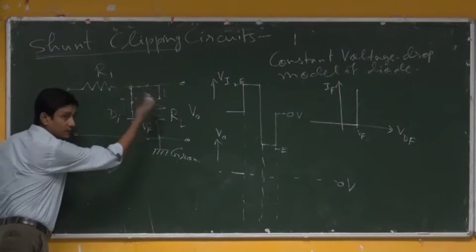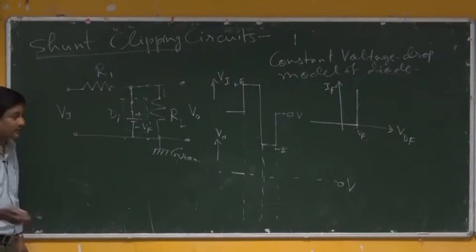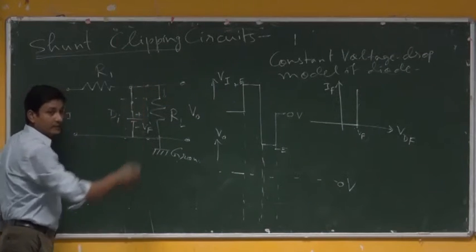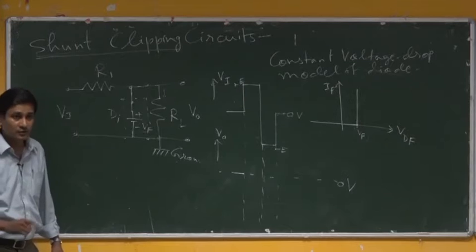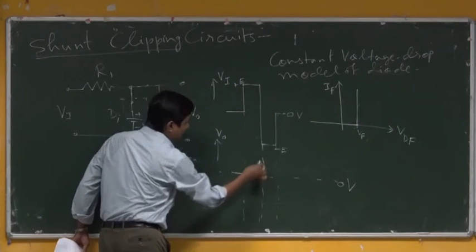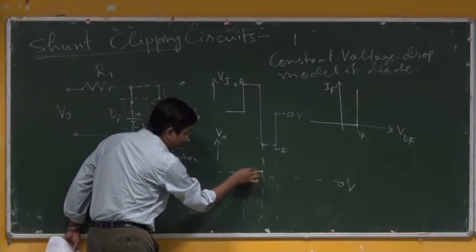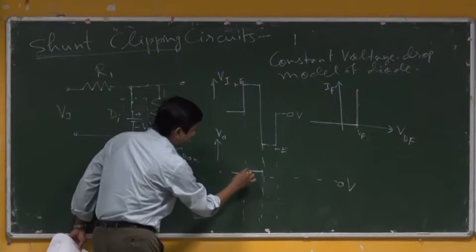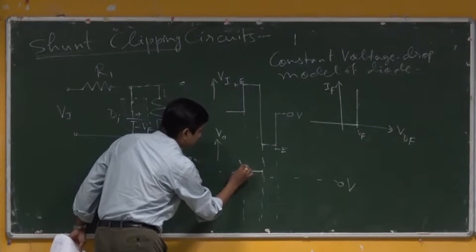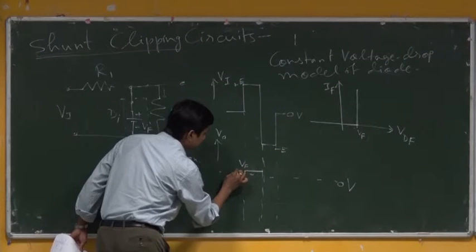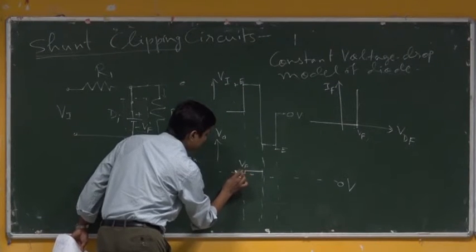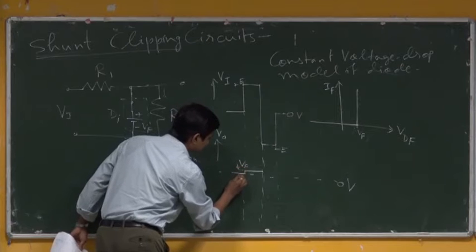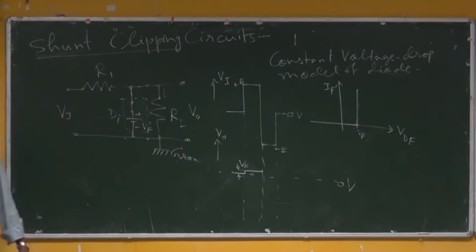So, no need to go for this further analysis. Directly you consider that the output voltage should be VF only, because it is shunted to the load. So, for this particular range, I will get a voltage which will be Vf.